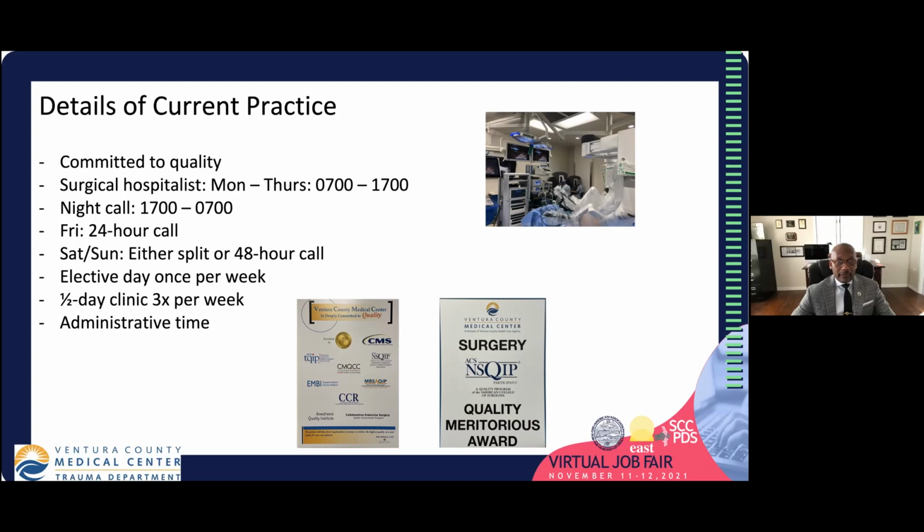And I'm fortunate that I incorporated robotics into my practice, which is a new thing for me over the past year. And I'm really grateful for that. And we also have a half-day clinic 3 times a week, so that you can see your consults, your pre-ops and post-ops, et cetera. And then there's also administrative time that comes along with that.